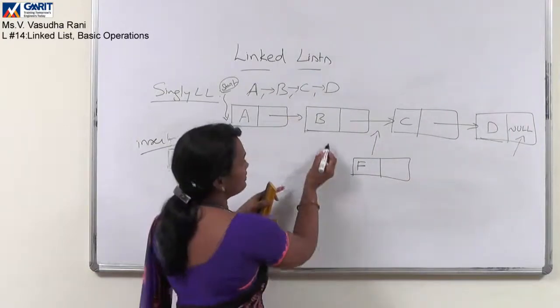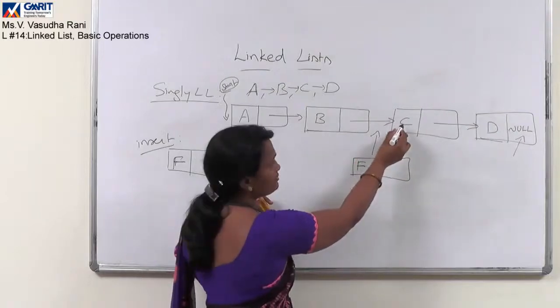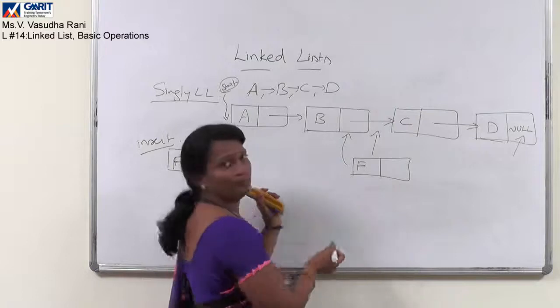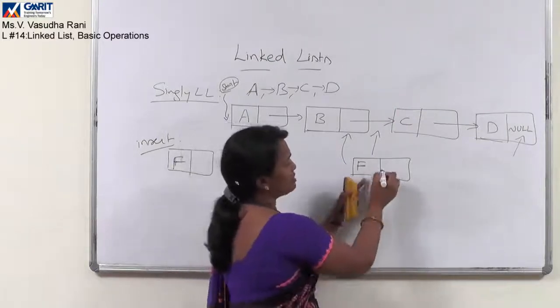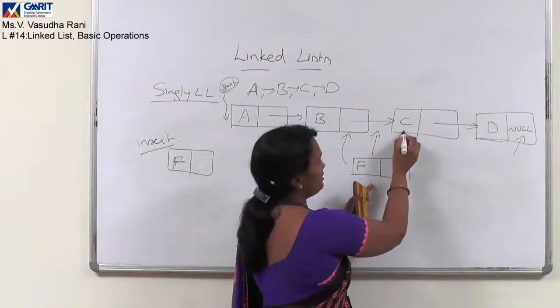How it happens is, in the B address location, instead of having the address of C, we have to maintain the address of F, and the F node needs to contain the address of C.